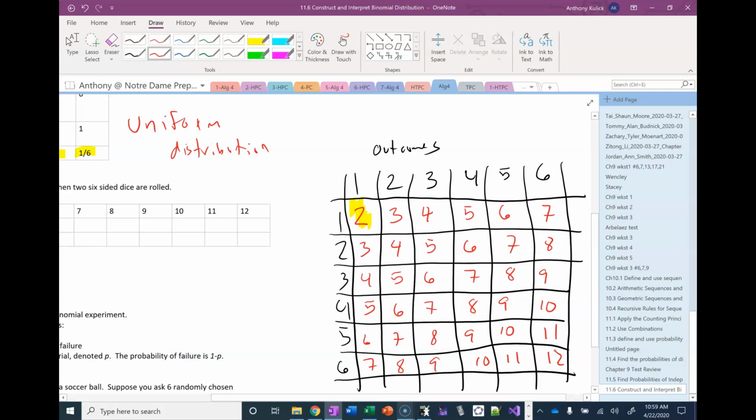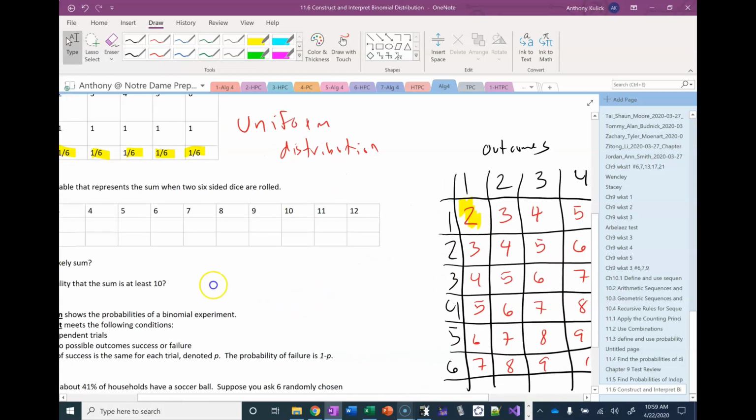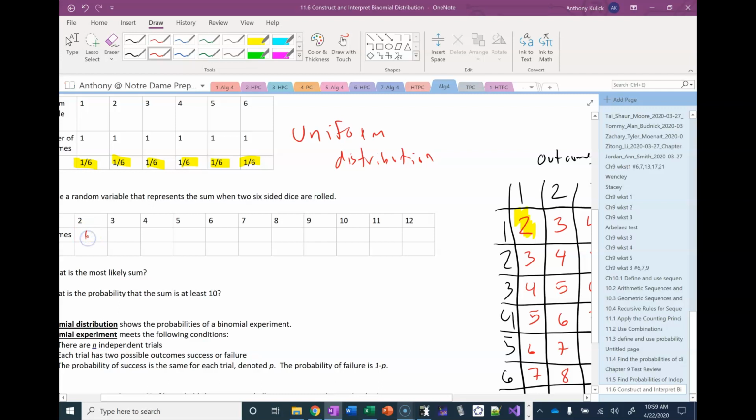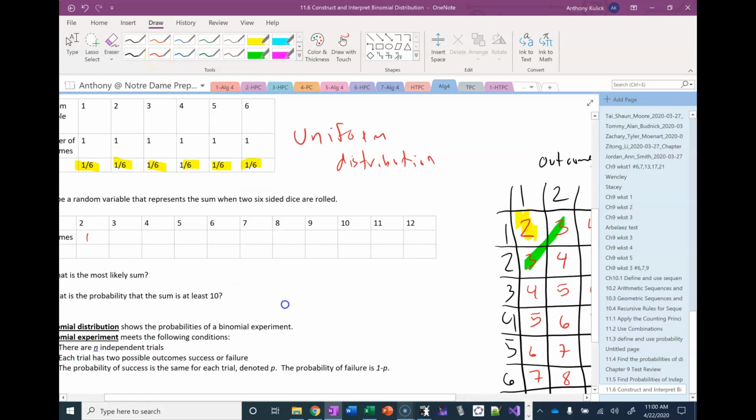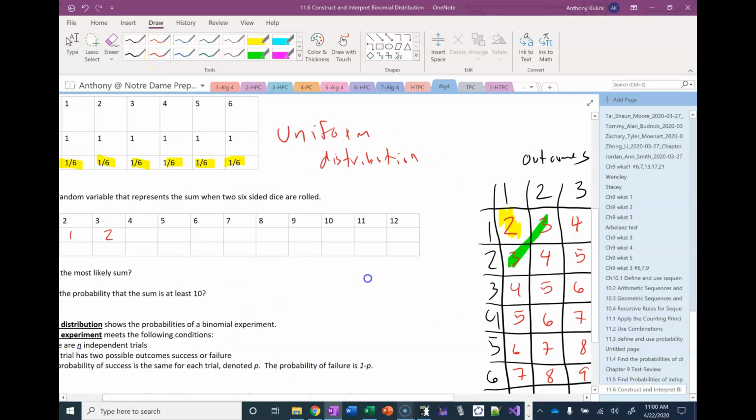What I'm going to do now is count up how many times each one of these sums occurs. If I look at the 2, it occurs just one time. There's only one way to get a 2. It's when I roll a 1 and a 1. To get the 3, that can occur 2 times. There's 2 ways to get a 3.